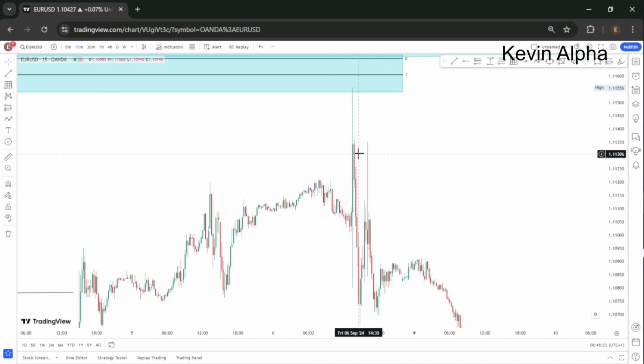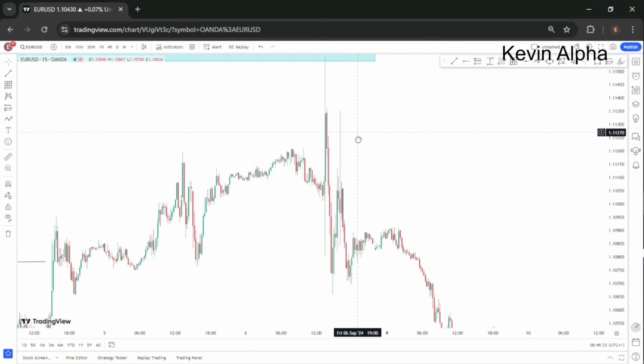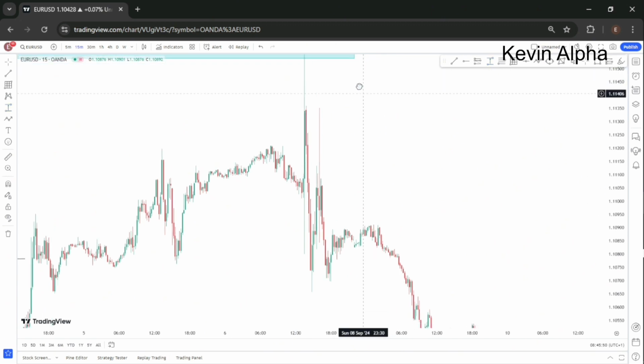This long wick, because this is inside of it. Although it's mitigated, since it is an irrelevant candle, it's a minor mitigation, right? So we have this, and you could take that wick, but that's a huge risk because of the size. See that? 21 pips. I cannot risk that. Cannot risk 21 pips.